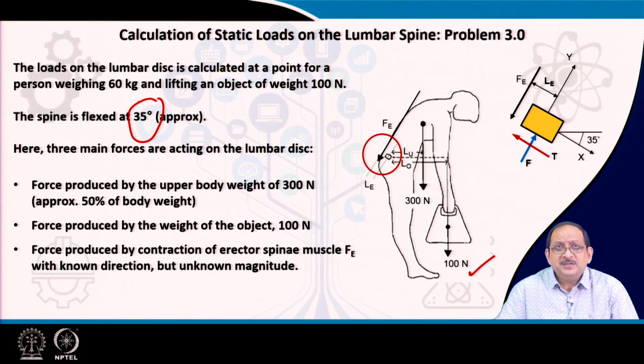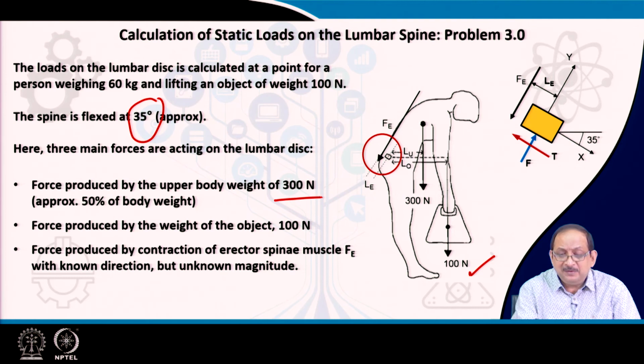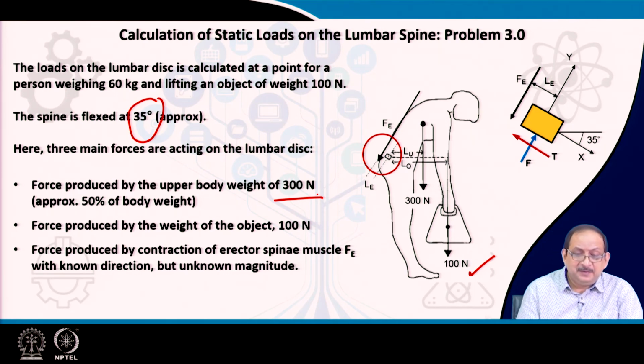Now, in this case, we identify three main forces that are acting on the lumbar disc, as you can see here also in the free body diagram. The forces produced by the upper part of the body weight, that is 300 Newton, assuming approximately 50% of the total body weight.